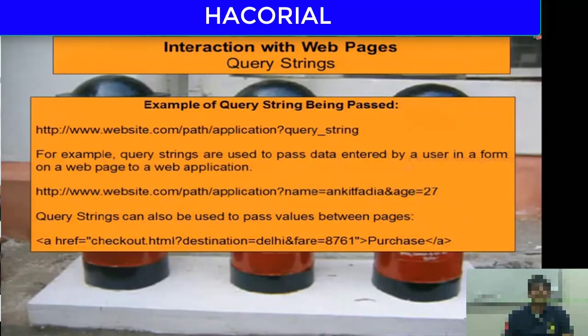So if it's a dynamic page, then within the page itself you could have some kind of link. So when you click on the purchase button, if you look at the screen, if you know HTML, it says checkout.html? followed by the query strings. Destination is equal to Delhi and fare is equal to 8761. So that is what query strings look like.